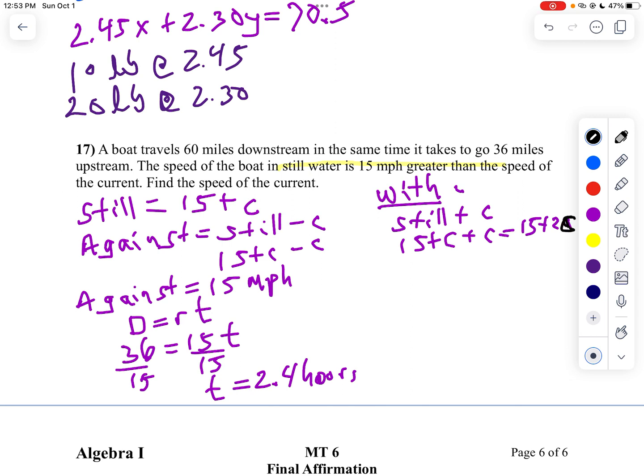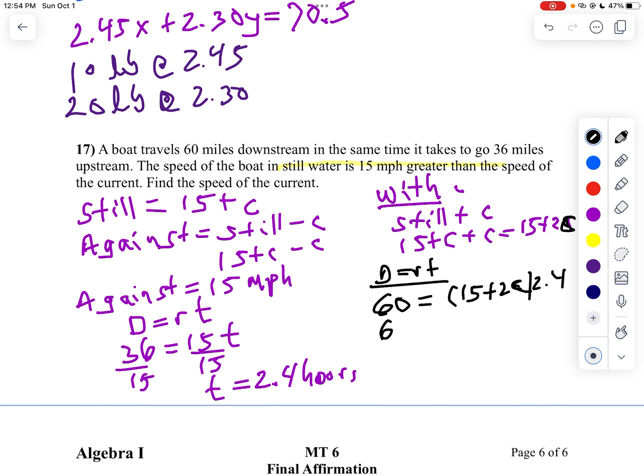Okay, so now we'll do distance equals rate times time, only we're going with the current this time. So with the current, I'm going to go 60 miles, and I know my speed is going to be 15 plus 2C. And the nice thing is I know that my time is 2.4. So now I've just got one variable. So notice we use substitution all the way throughout here.